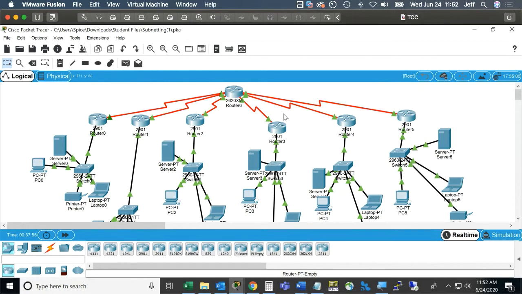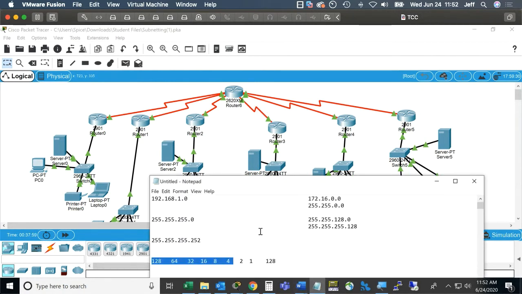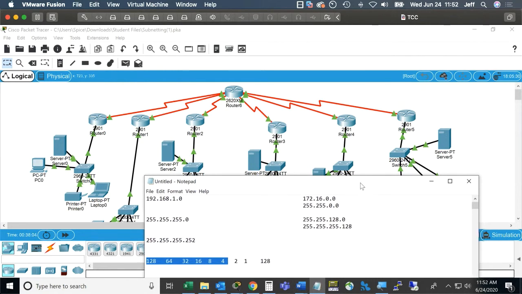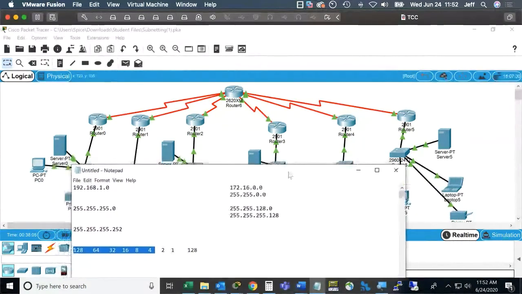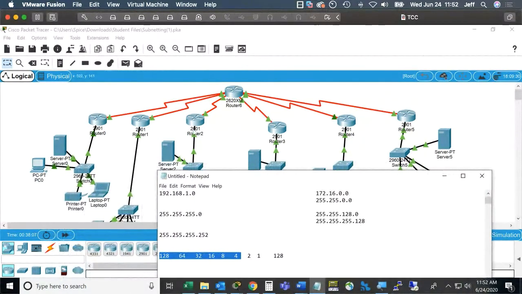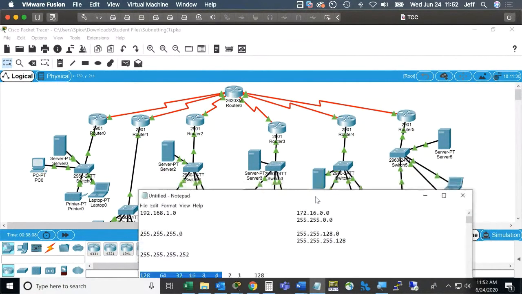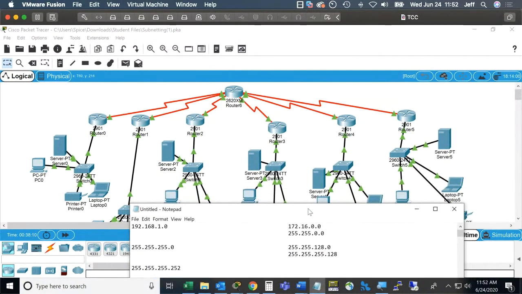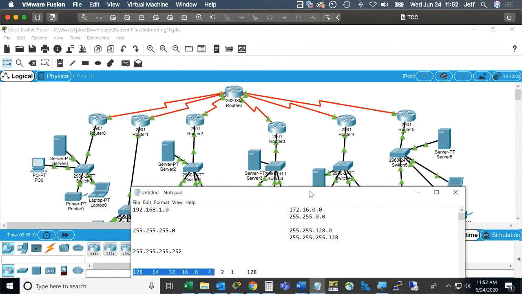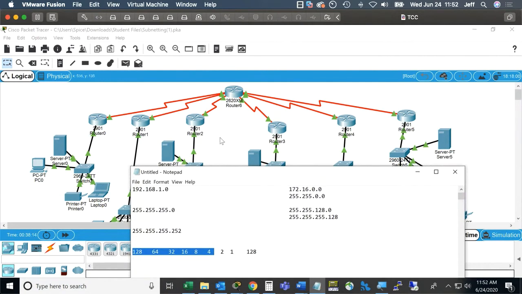So you could have a network that is set to 255.255.255.252. So anywhere that you have just 2 devices, that'll work. And in fact, I believe, well, maybe not in this one, but in others that you'll have that.